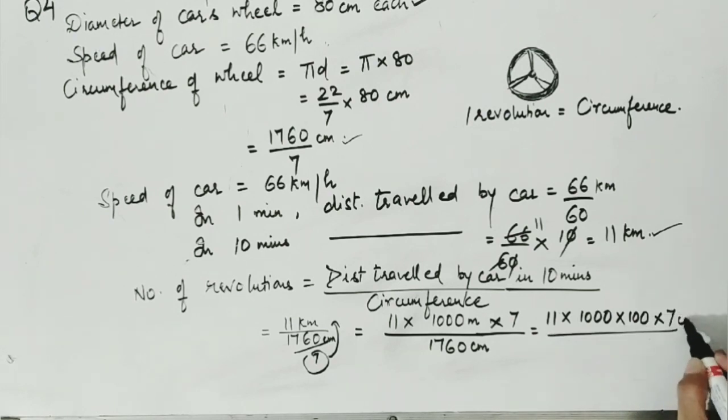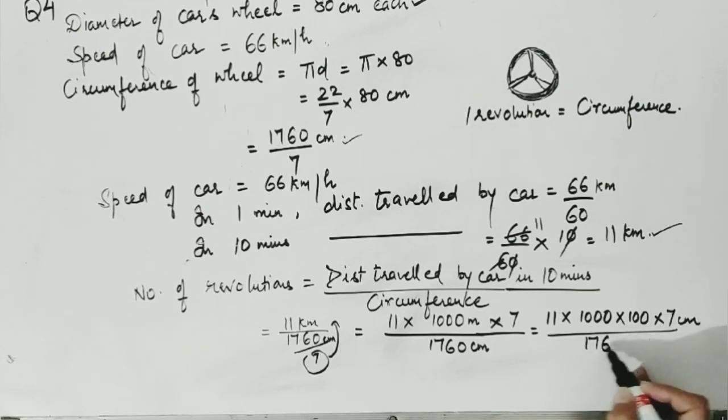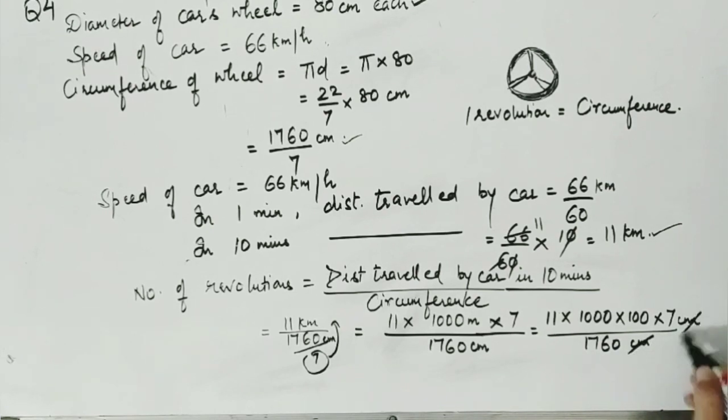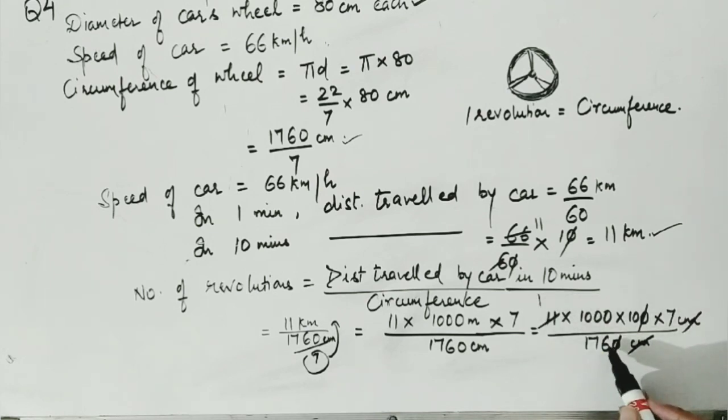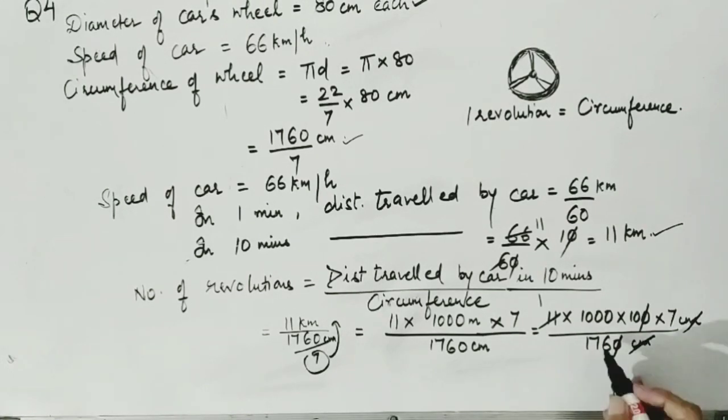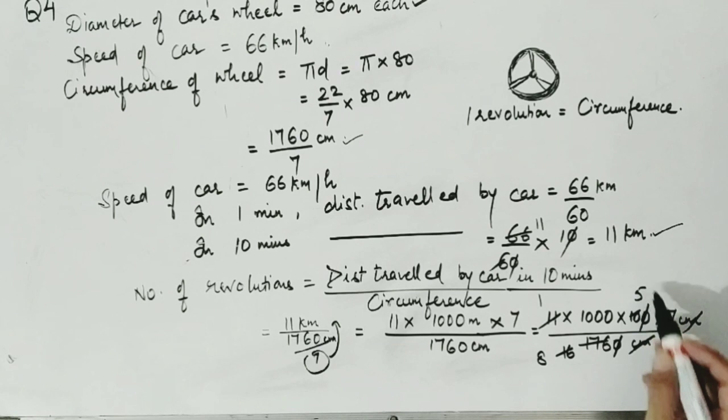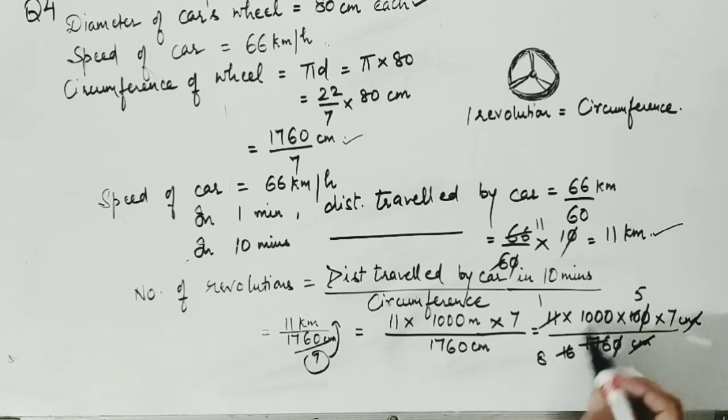Next step will be just simplification. Centimeter cancels. Cancel this 0 and 0. 11 into 1, 11 into 16. Solve it further. This becomes 8, this becomes 5. Cancelling these two. Cancel even these two.